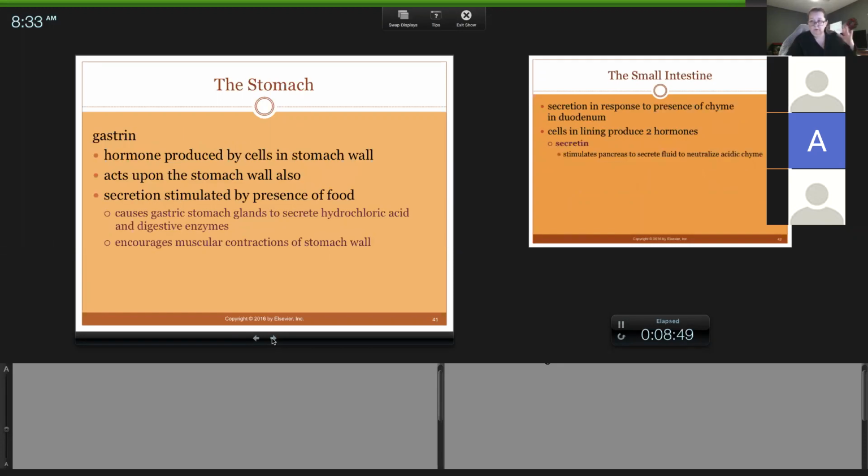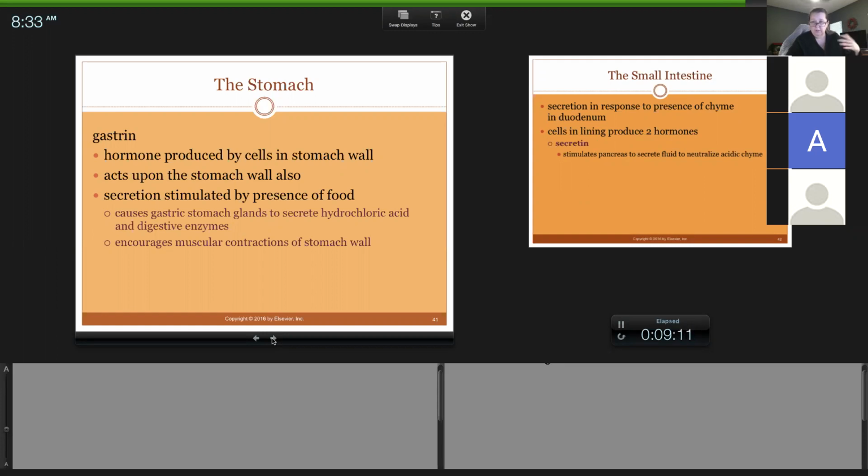Now, a few other lesser hormones. I've talked about gastrin, which is produced in the stomach wall. So again, the stomach is not an endocrine organ. The stomach is a digestive organ, and again, the kidney is a urinary organ. It is not an endocrine organ, but some of these organs do produce hormones.